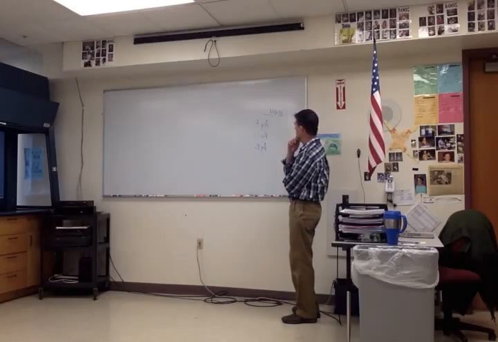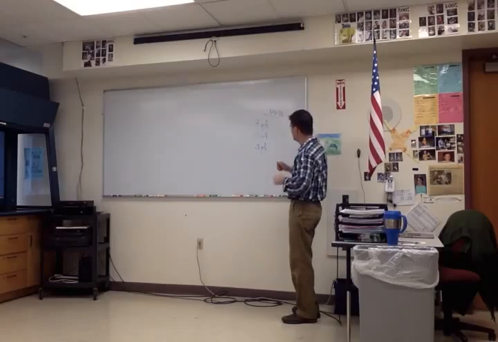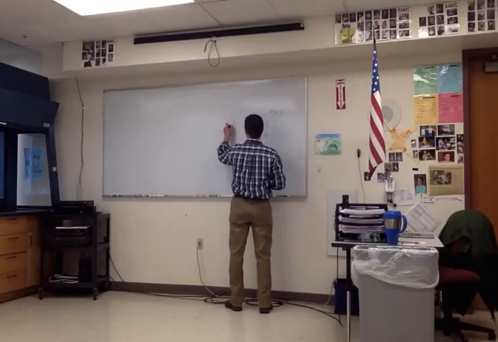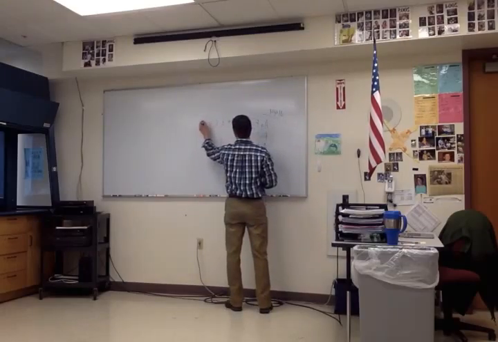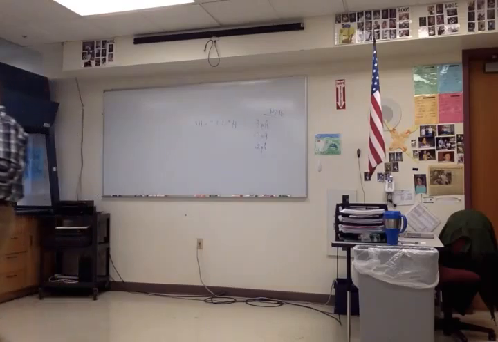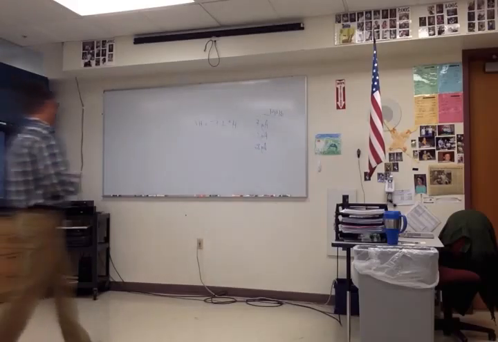So why does that matter? Well, if you have an acidic solution, then some of the H plus is going to combine with the F minus and make HF. So it's going to be pulling some of that F minus out, which will cause the AgF to dissolve a little better, because there's less F minus in there as ions.